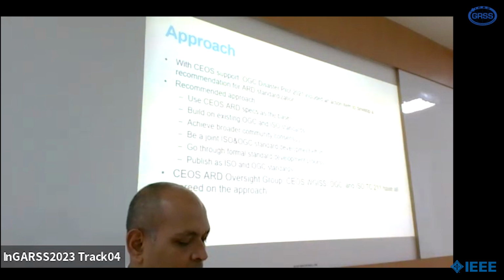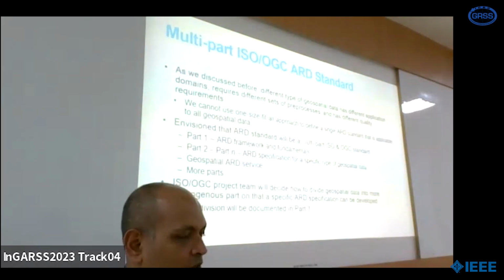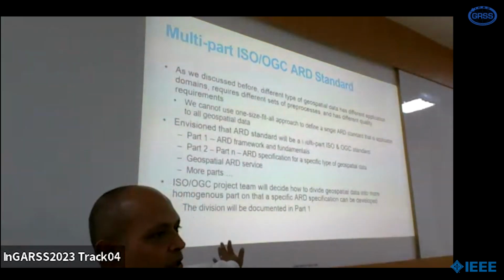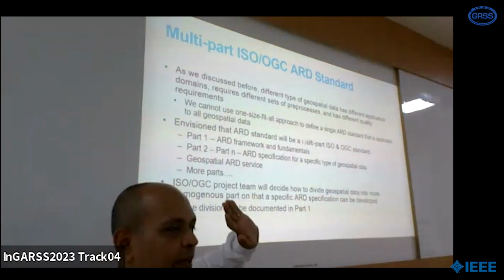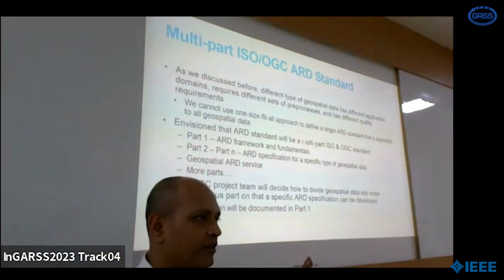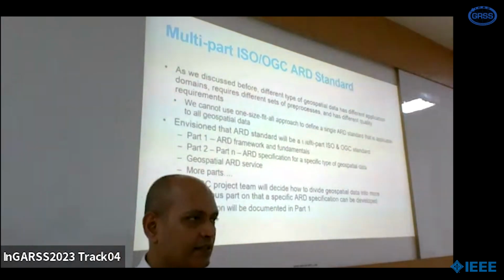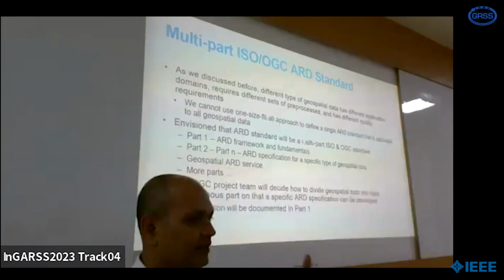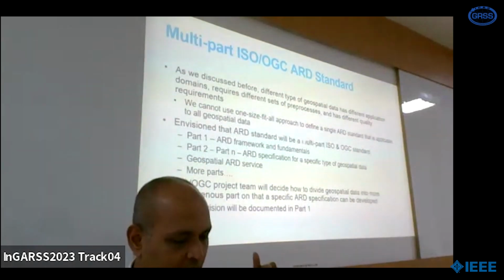Another thing I wanted to point out is that while ISO is happy to create the standard, OGC is more interested in having compliance to the standard as well. So how can you check whether some ARD is actually compliant to the standard?